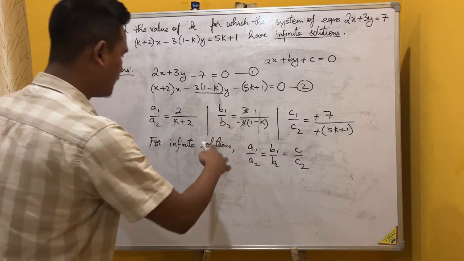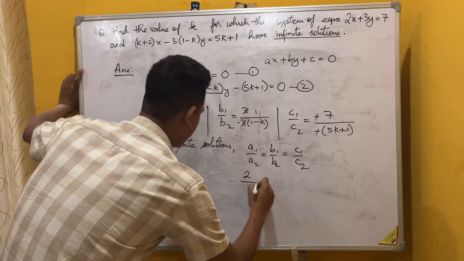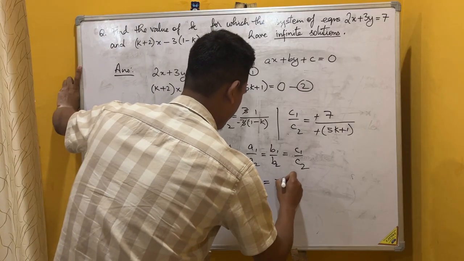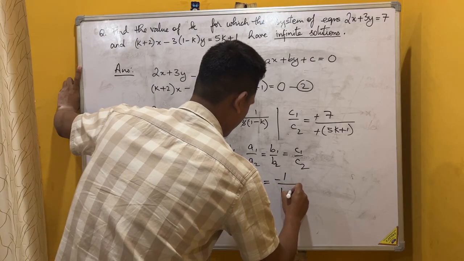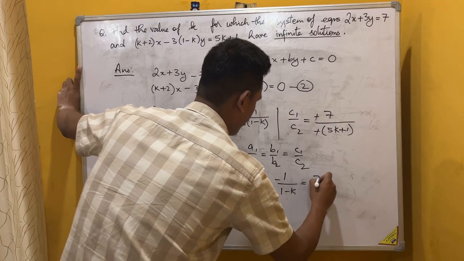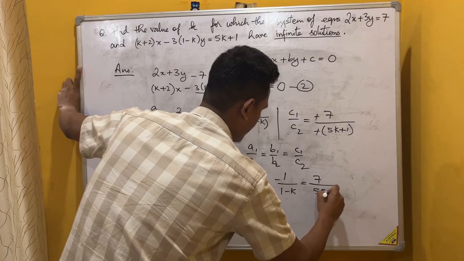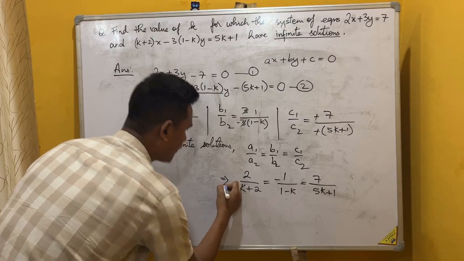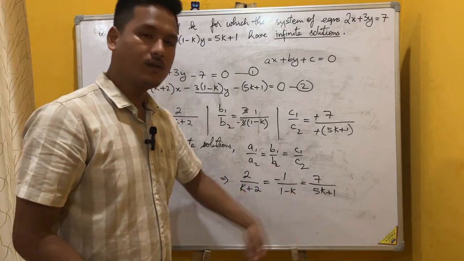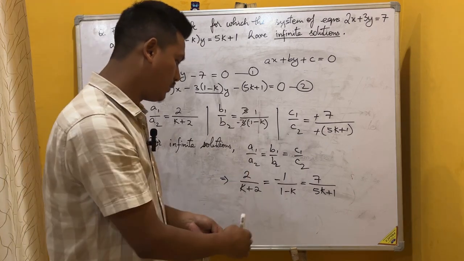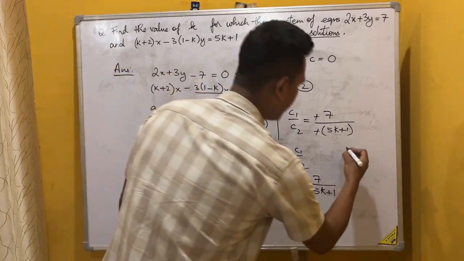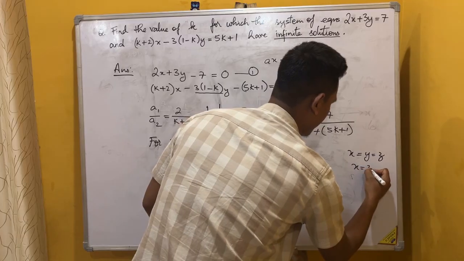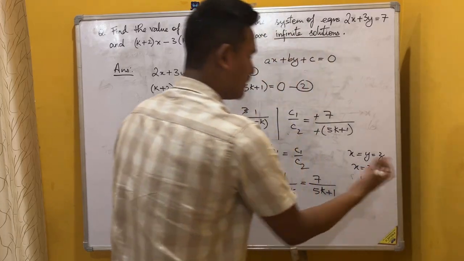Okay, now let's put it here. So we see the three ratios are equal. We'll take out 2 and find the value of k. Like for example, if you see x equals y equals z, then we can say x equals z or y equals z.